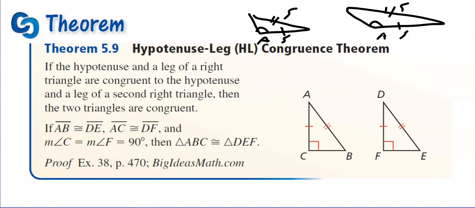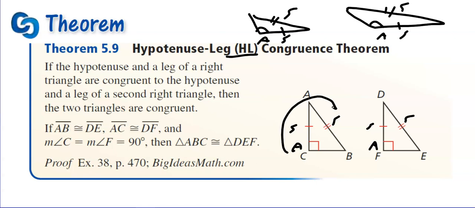And there is no ASS rule. But this HL is sort of like it. Because if we did this initially with our first method, we would go, oh, these match, and then this side matches, and this side matches. But wait, we don't have an ASS rule.